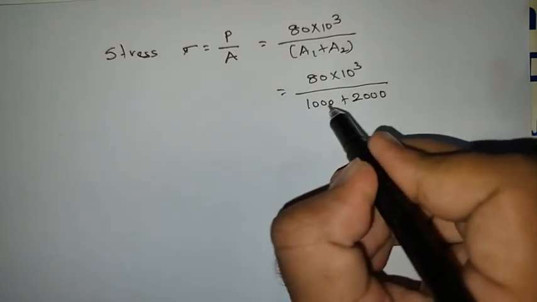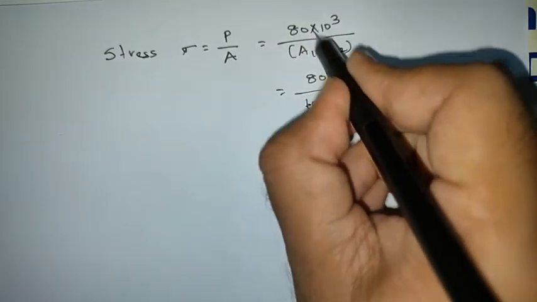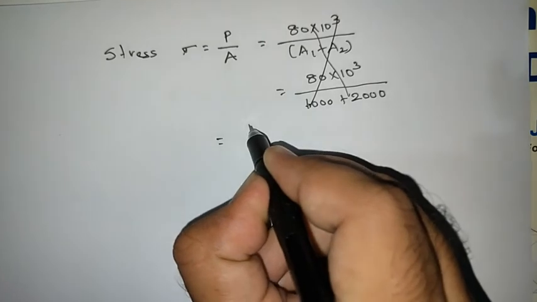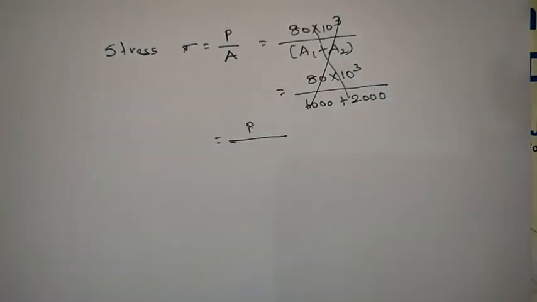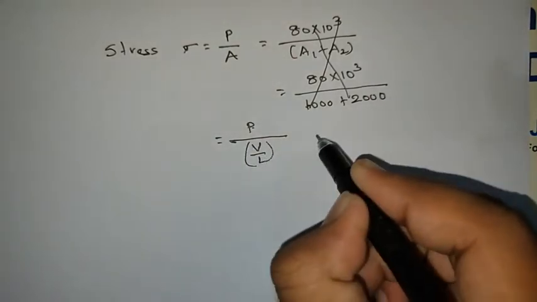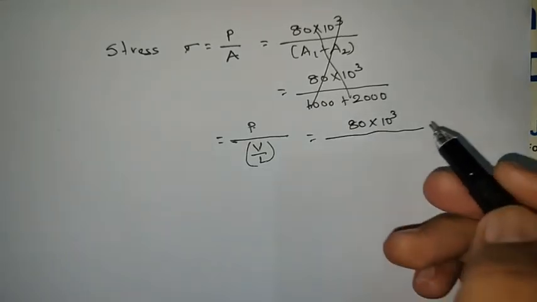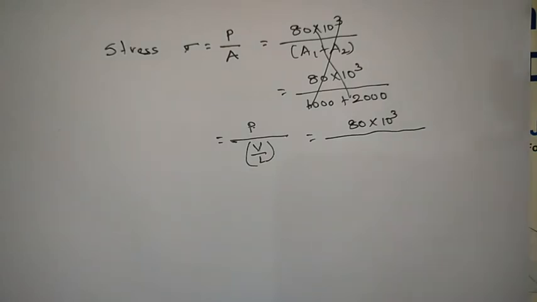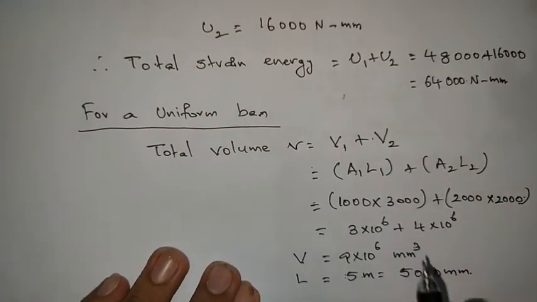Sorry, the area value we need to take it as, so stress is equal to load divided by area value. How to get it? Area is nothing but volume by length. So that equals 80 into 10 cube divided by total volume, which we got as 3 into 10 power 6 plus 4 into 10 power 6.